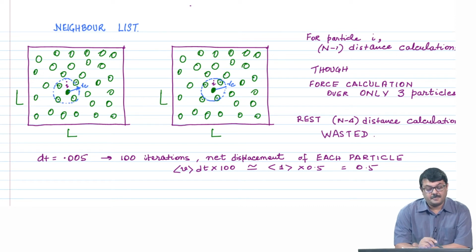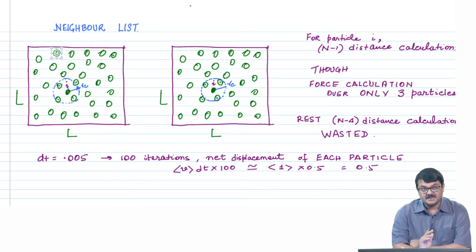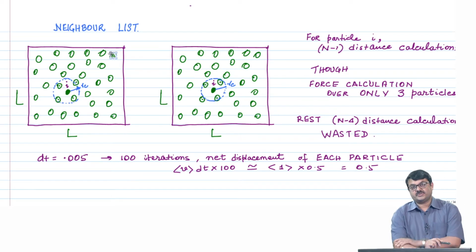For this particle, you are also checking the distance to this particle, and this one, and this one, and only if it is less than r c do you calculate the potential. But this calculation of distances for far away particles is not of much use.